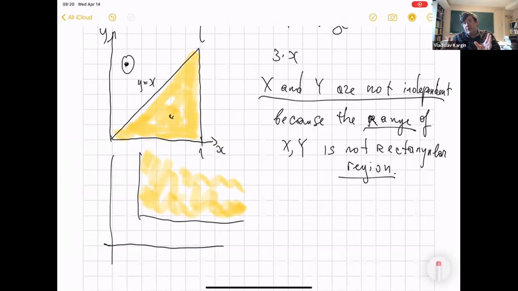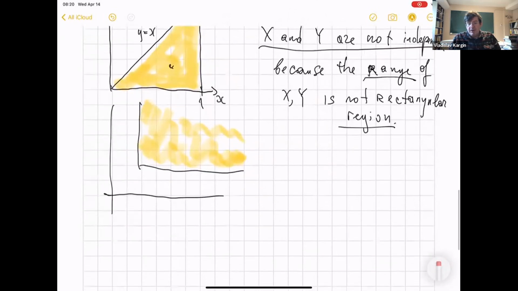If it is possible to write it as a product, well, you are done. If it is not possible, you probably need to prove that it is not possible. But sometimes it's more or less obvious that it is not possible, and then you can say that the two random variables are not independent, so they are dependent.